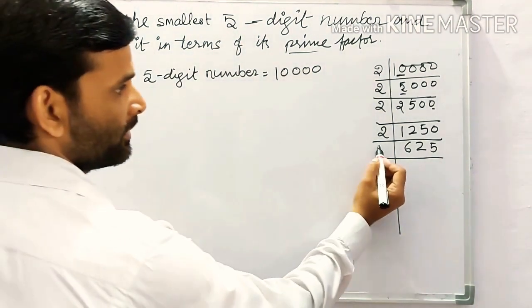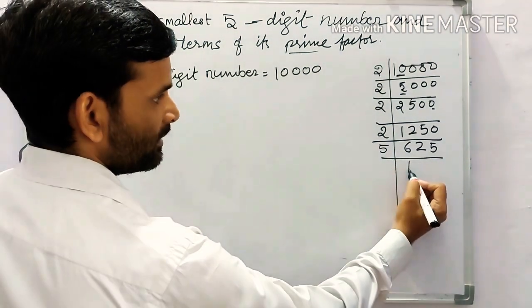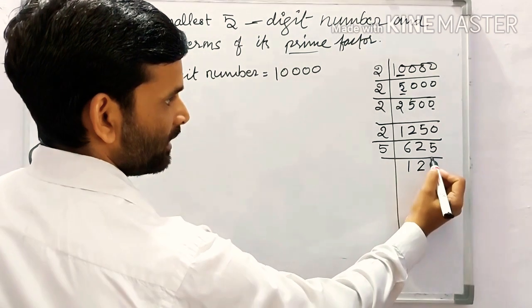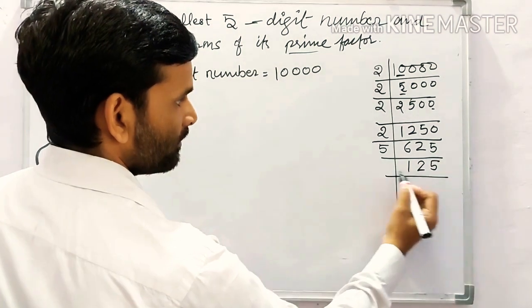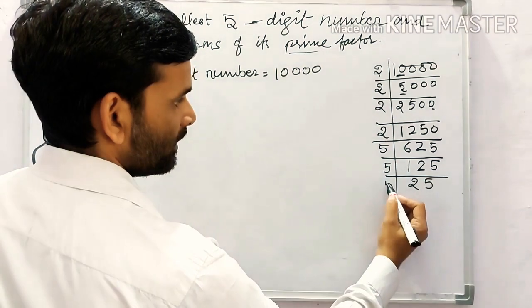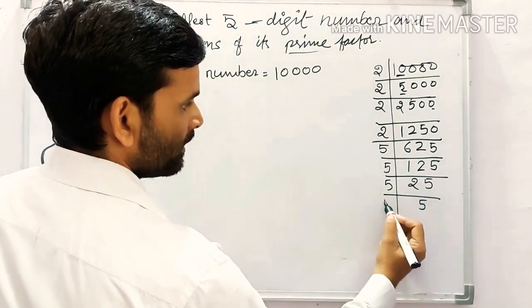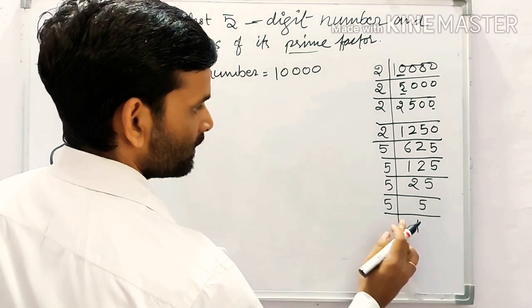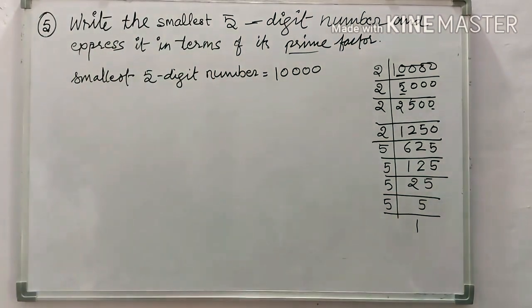So the next number is 5. 5 1s are 5, 5 5s are 25, and 5 again will be 5. 5 1s are 5. So this is the prime factorization method. And the second method is the tree method. You solve the tree method very easily.